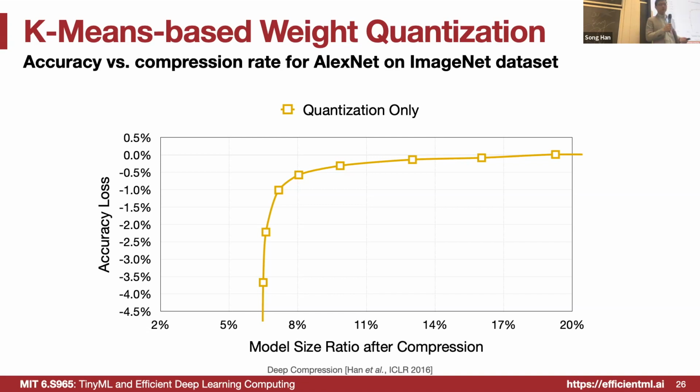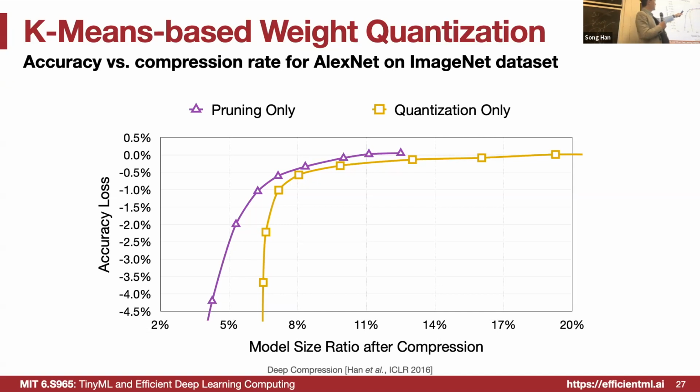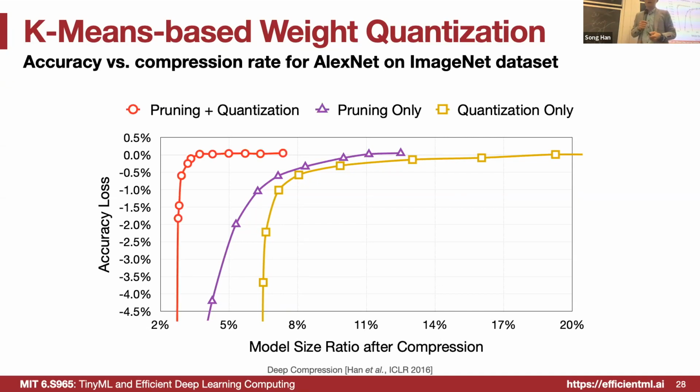Pruning only drops in a similar manner. The best way is to combine pruning and quantization together. This is the compression ratio for AlexNet. If we do pruning and then quantization, we can make it roughly 3 times smaller than the original size.